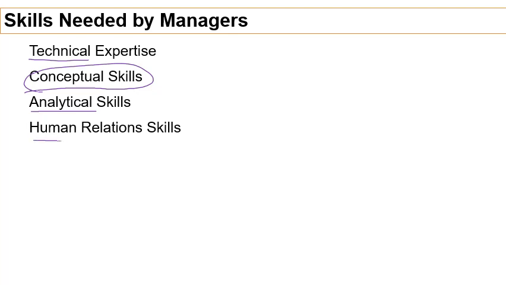And then, because you're working within the organization and you're working with people, you need to have some good human relation skills. You need to have a human touch. You're going to be communicating information to people and maybe some of the decisions made by the organization, and having a human touch is particularly important, especially if you're working directly with workers.